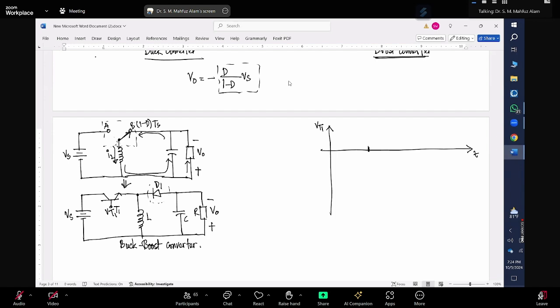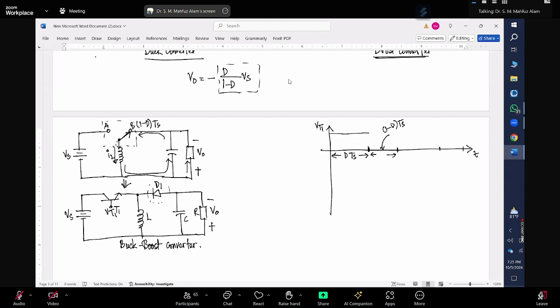Suppose this is on for a certain period, and then it is off for a certain period. Again, it is on for a certain period and it is off for a certain period. So this is basically my D multiplied by Ts. And then this portion, from this to this, we are considering to be 1 minus D multiplied by Ts.